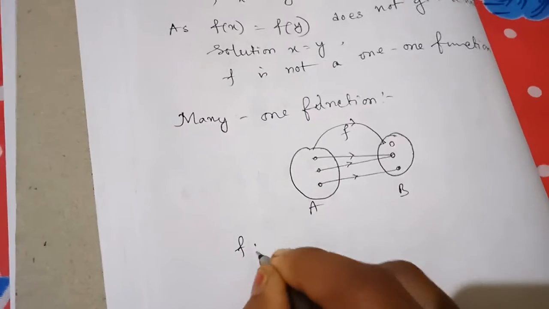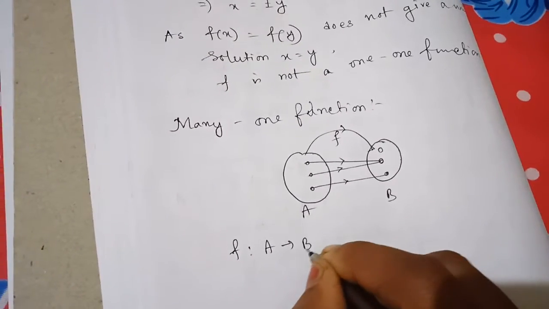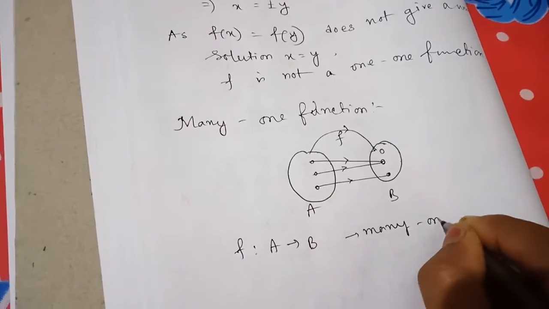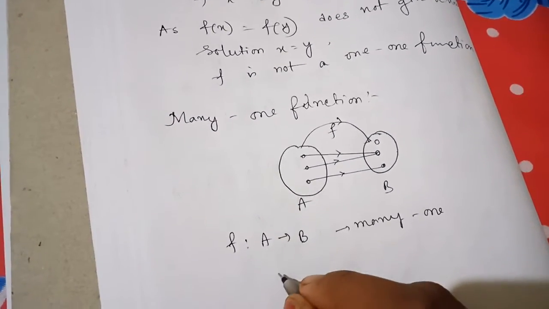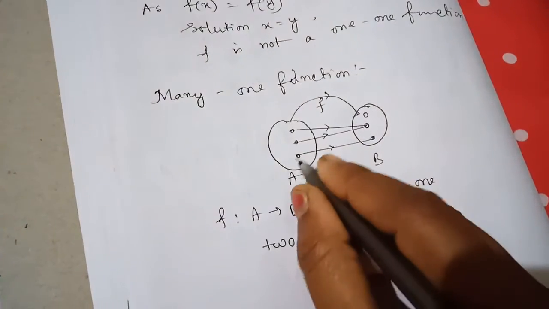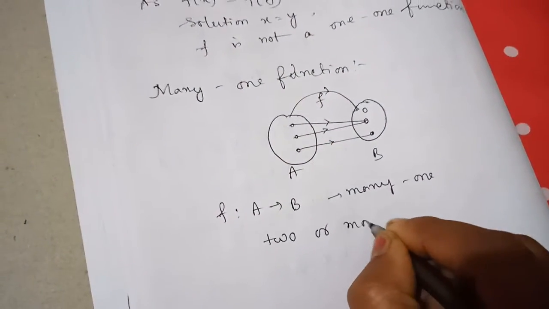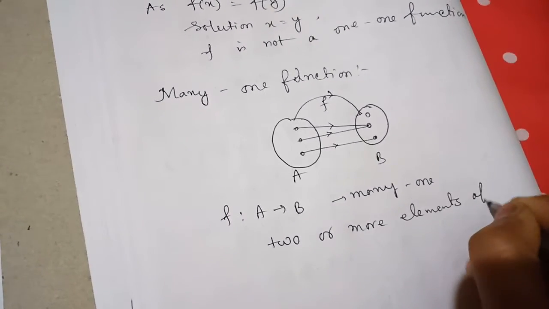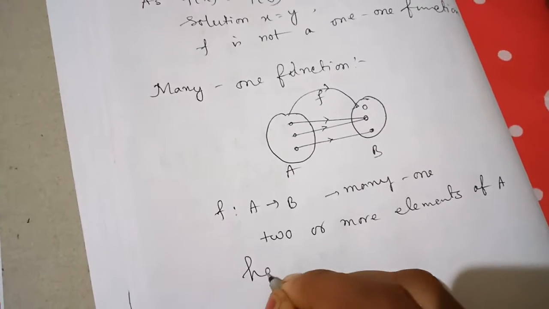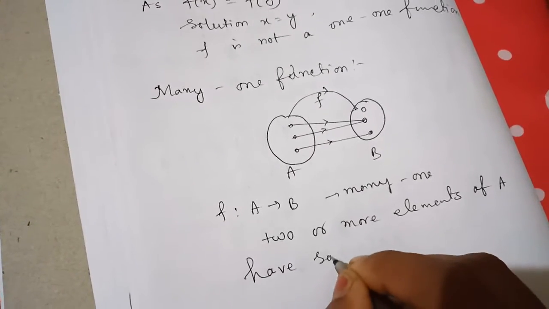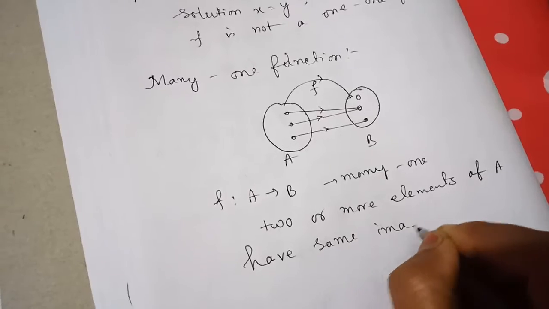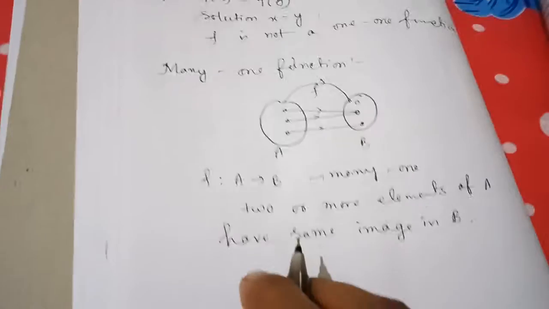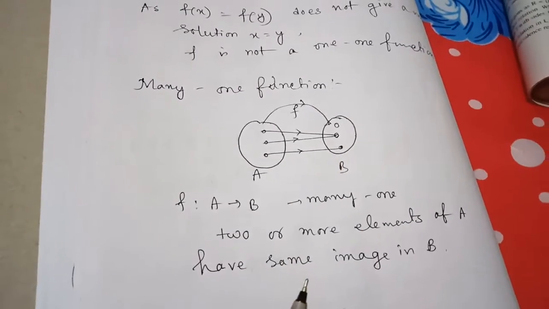A function f from A to B is said to be many-one if two or more elements of A have the same image in B, then it will be called a many-one function.